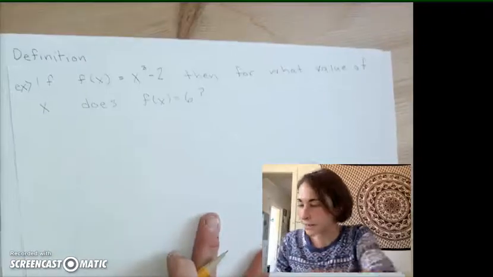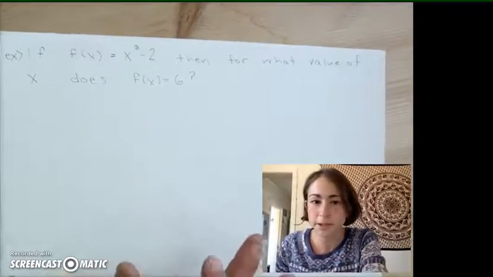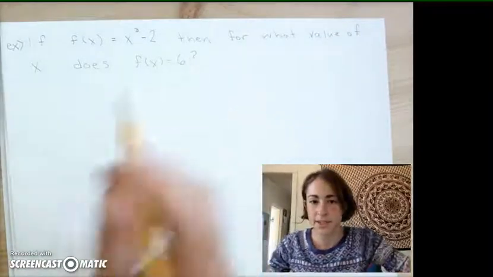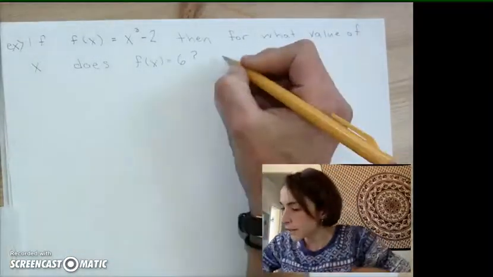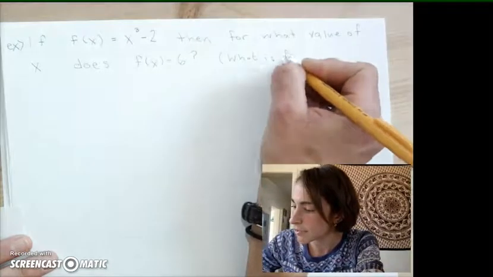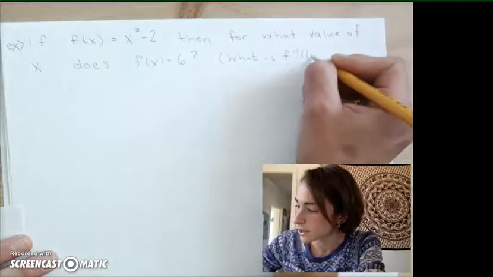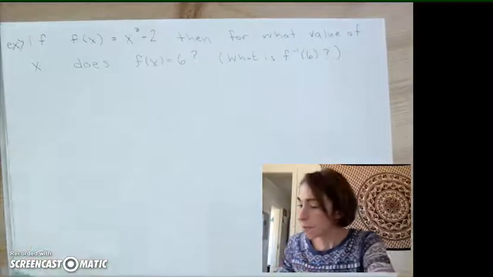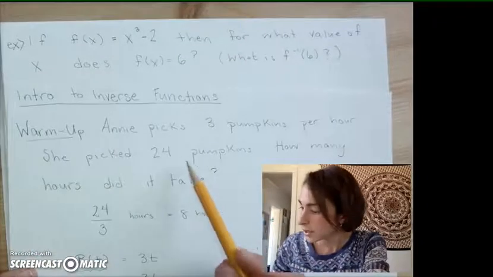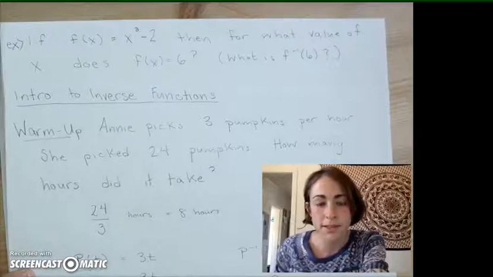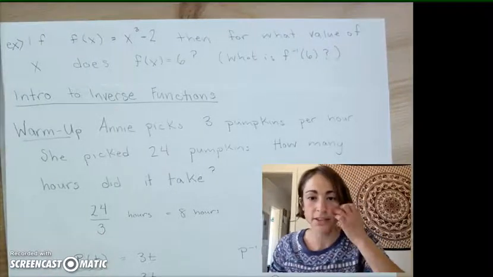So let's say that f of x equals x cubed minus 2. Then for what value of x does f of x equal 6? So what I'm really asking here is what is f inverse of 6? It's another way to ask the same question, but it's the same idea as before. We have a function, we know its output, we want to know what the input was to give us that output.